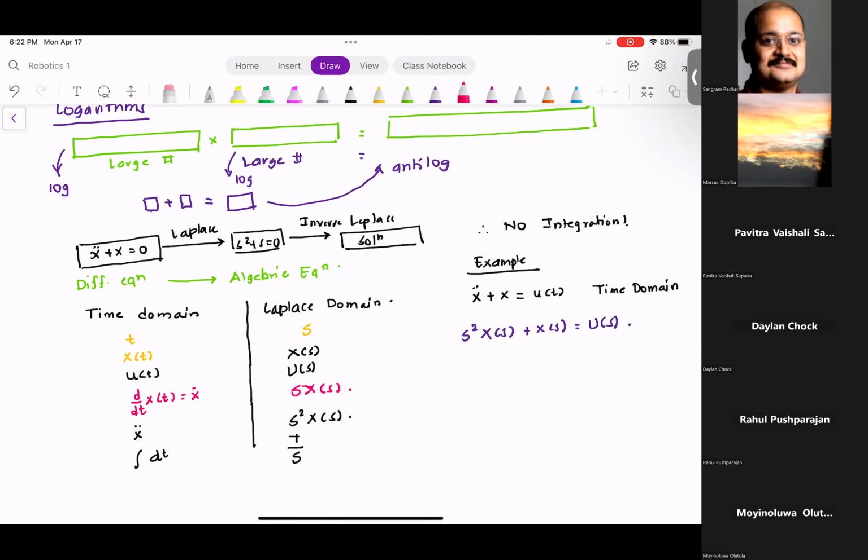Now, what is the input and what is the output? This is the input because this is the forcing function, and this is the output.